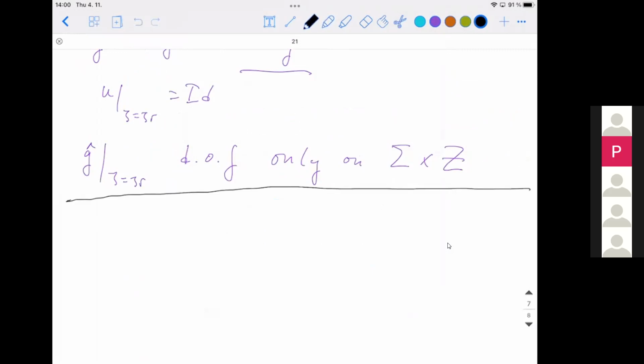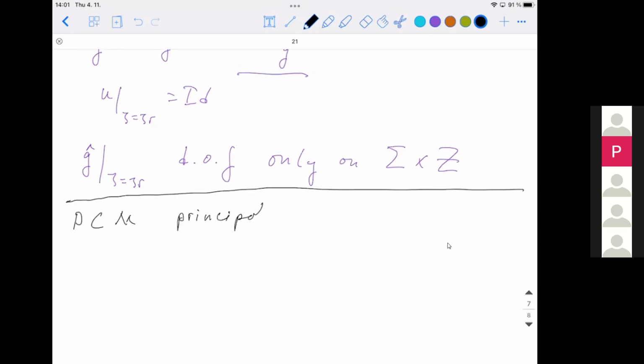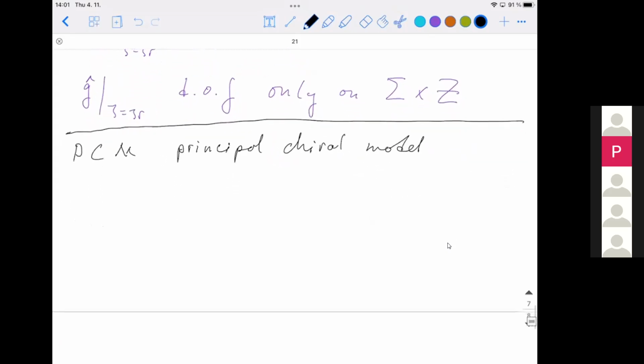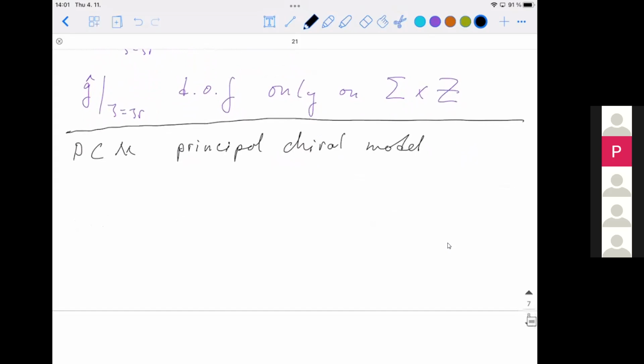Okay, now the PCM model. What's the name? Principal chiral model. Yeah, principal chiral model. So I think it's the simplest possible model. So in this case, we can choose omega to be this.